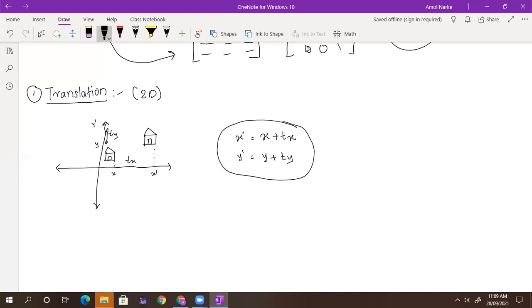And I'm going to write that in matrix form. So x dash, y dash is equal to x and y plus tx and ty. This matrix, tx ty, is called the translation matrix.